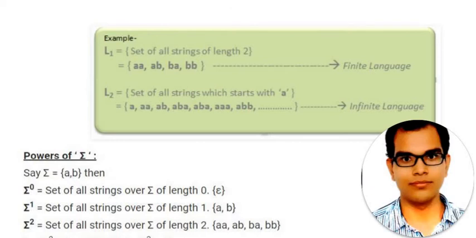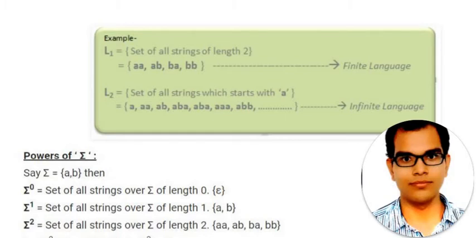This is one set, and as you already know, a set has all elements in a distinct manner. Here you will see this is a finite language. Finite means we can count that only four strings are possible in this set. So we say it is a finite language.